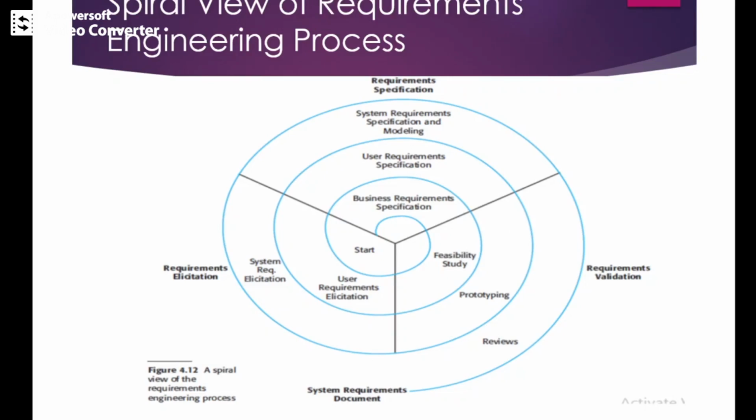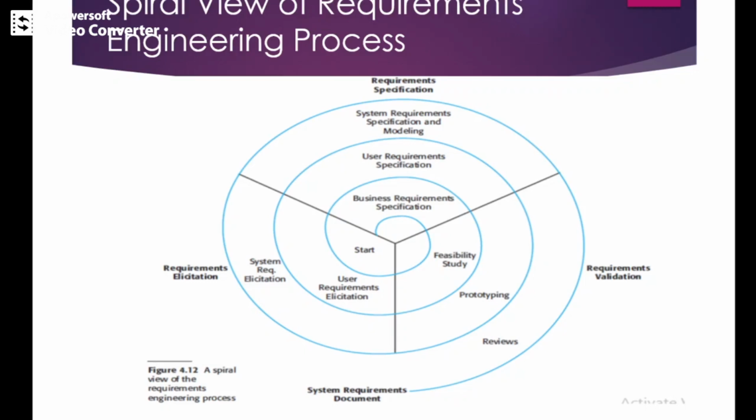You can see in this figure the activities are interleaved. The activities are organized as an iterative process around a spiral with the output being a system requirements document. The amount of time and effort devoted to each activity in each iteration mainly depends on the stage of the overall process and the type of system being developed.